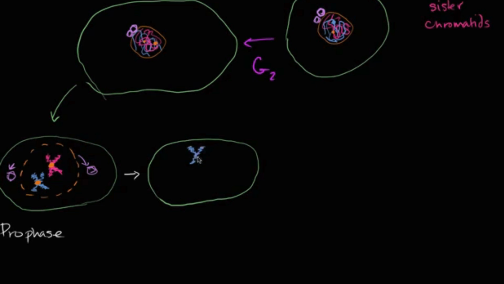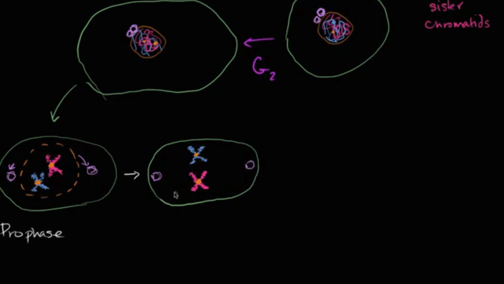Here's another sister chromatid, and they are connected at the centromere, not to be confused with a centrosome. And then here's the magenta, one of the magenta sister chromatids, and another one. And once again, it's not magenta in real life. I'm just making it magenta because it looks nice. That's the centromere right over there. Our centrosomes are at opposite ends of the cell at this point.